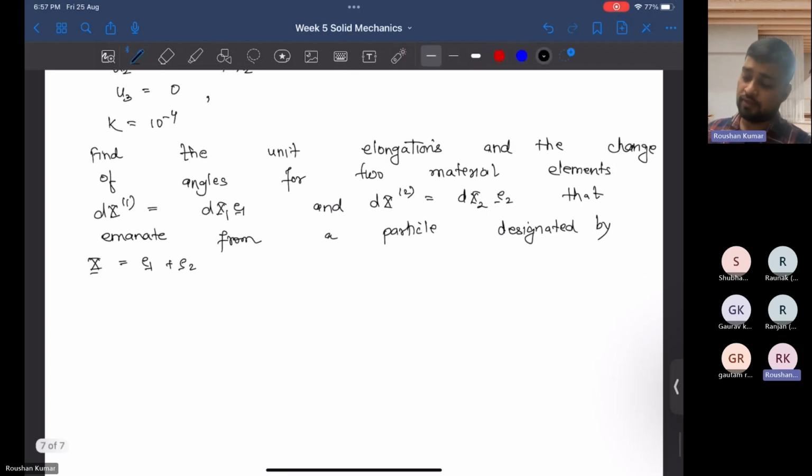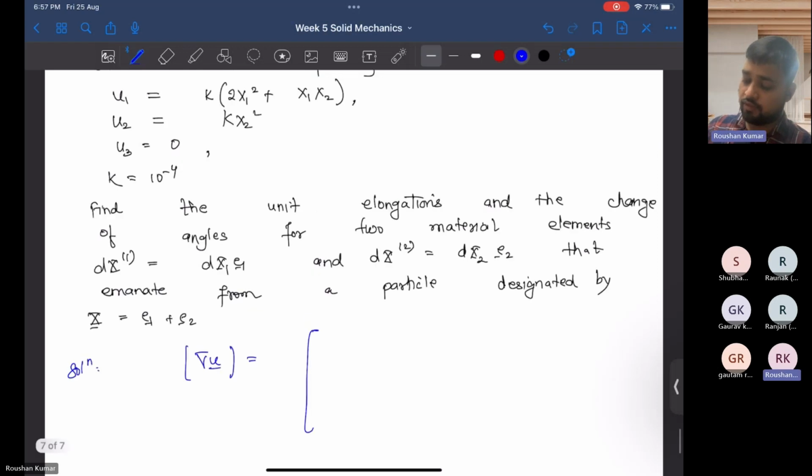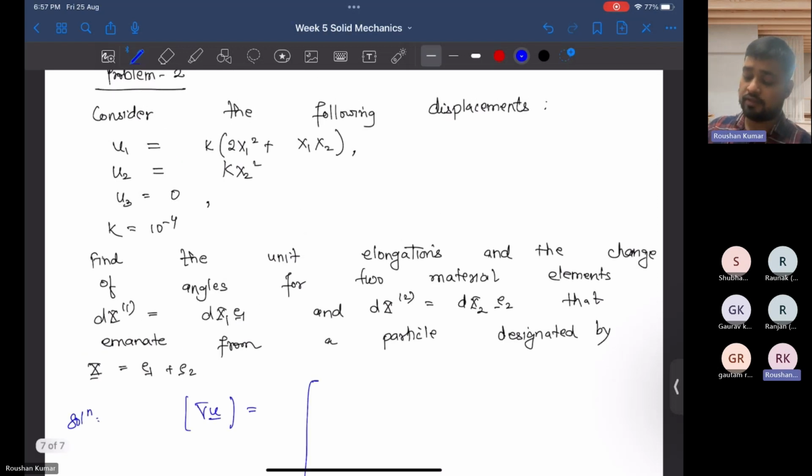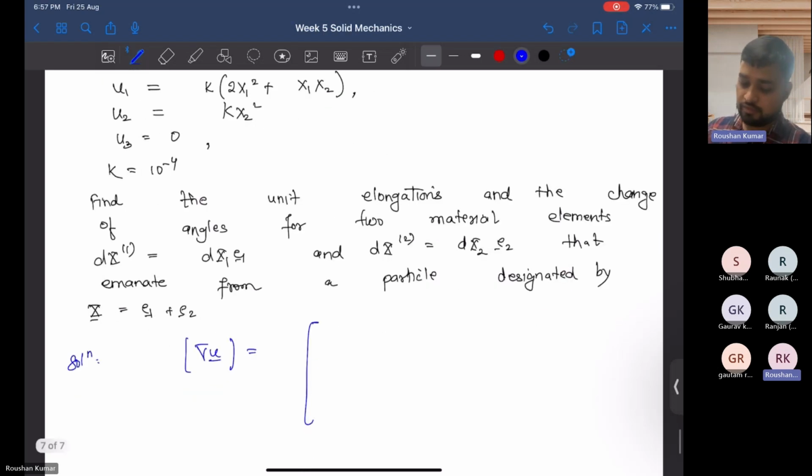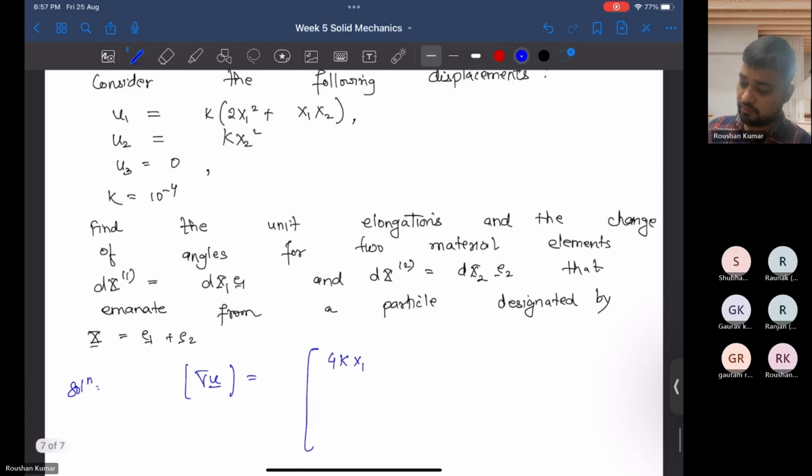So first we have to find the components of the displacement gradient, which is given by grad u. So del u1 over del x1: if we take the derivative of u1 with respect to x1, we will get 4k x1 plus k x2.